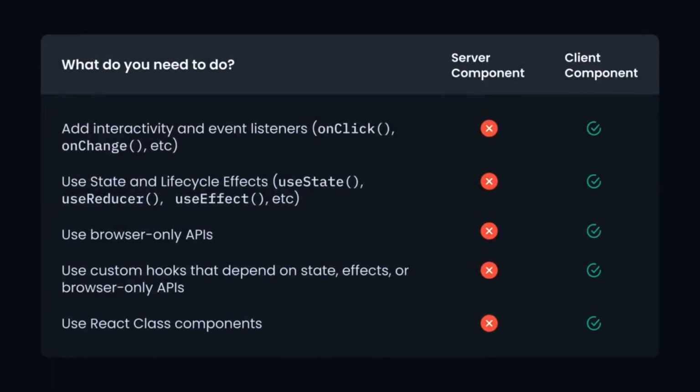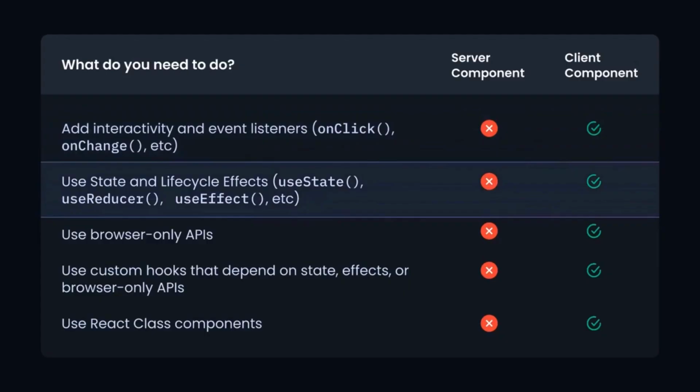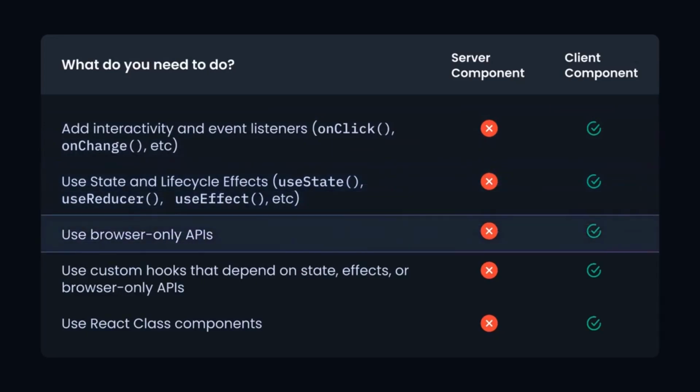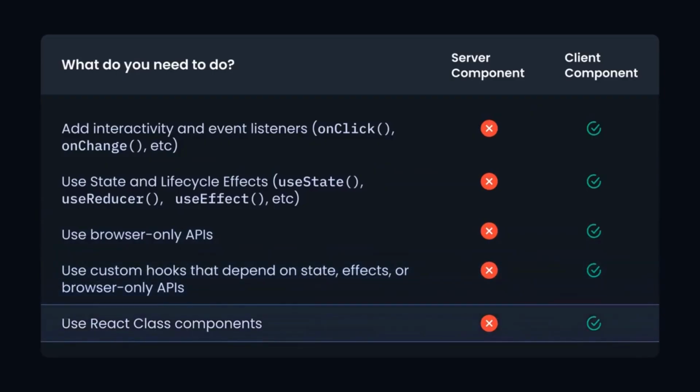And we're talking about client components if we add interactivity and event listeners, such as onClick or onChange, use state and lifecycle effects, such as useState, useReducer, and useEffect, use browser-only APIs, use custom hooks that depend on state, or use React class components. So, now you know.